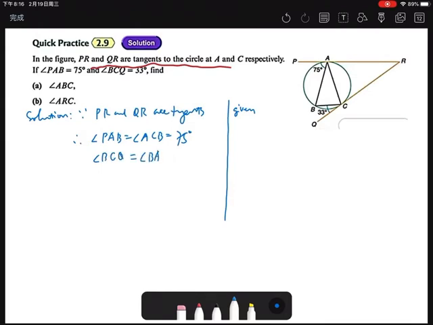And angle BCQ I also write together. Angle BCQ equals angle BAC, which equals 33 degrees. The reason I write in the middle, since both of them apply this theorem, is angle in alternate segment.